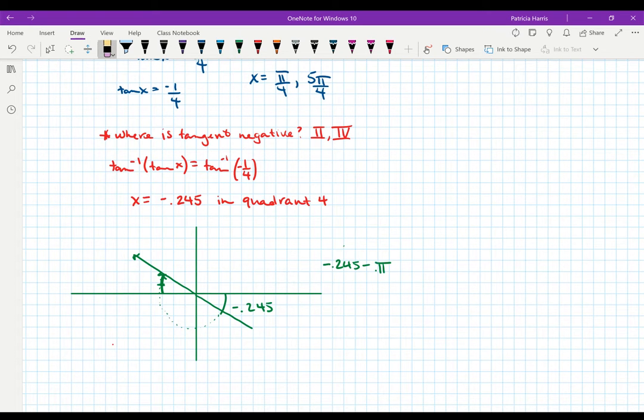All right. So this would be approximately negative 2.895. Okay? Well, that's an answer.